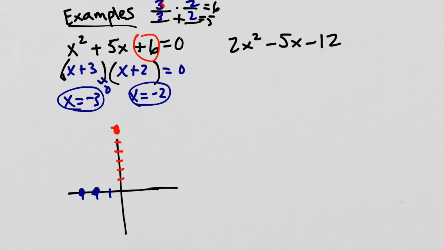We could look at the vertex. So negative b is negative 5 divided by 2, so that's negative 2.5. Now we take this value and plug it in for x. So we would say negative 2.5 to the second power plus 5 times negative 2.5 plus 6 is negative 0.25.